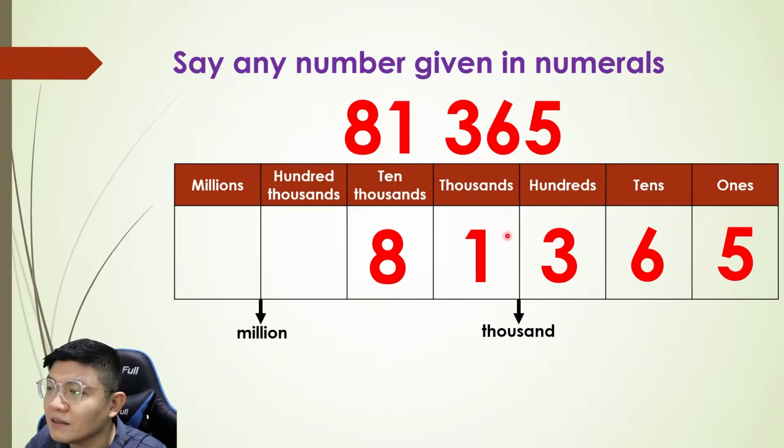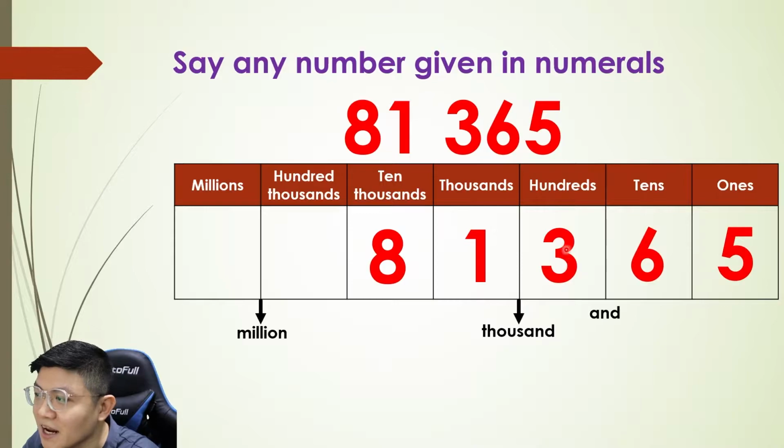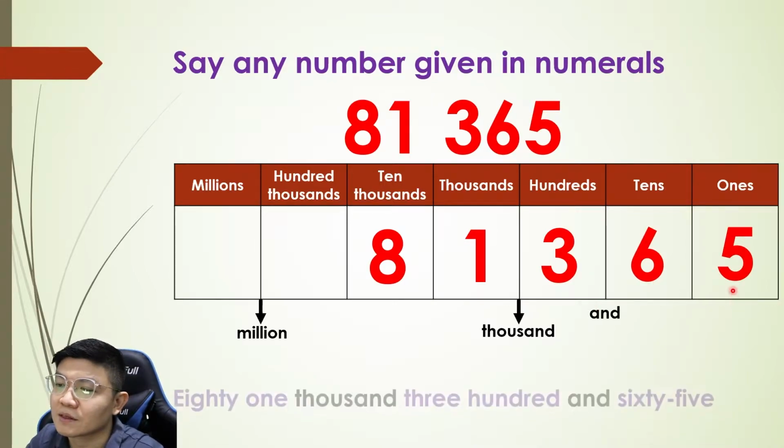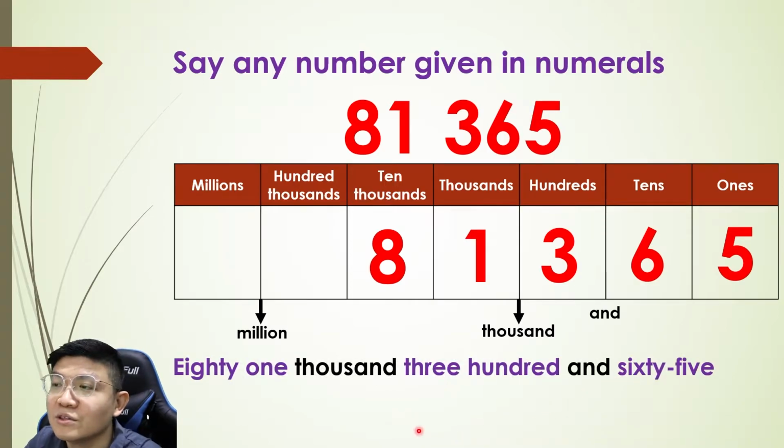So 81,300. And of course, you need the 'and', which is 65. Yes. 81,365. Okay. This is how you say the number. 81,365. Is it easy? Right.